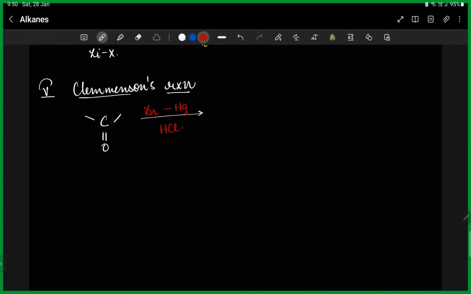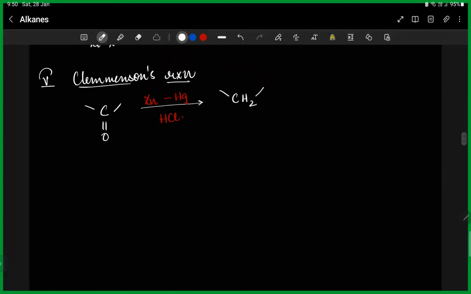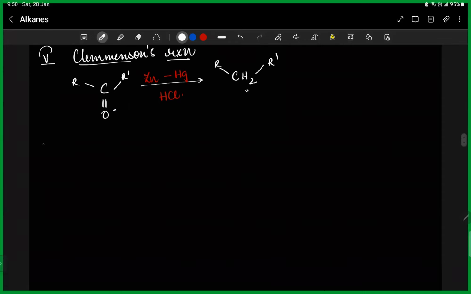So this is called Clemmensen reagent. So what would happen? Just replace the double bond O with two hydrogens. Yeah, sorry. Okay, so you have R prime. Here also you have R prime. Just replace the double bond with two hydrogens. So this is Clemmensen reaction. Again, the mechanism is not important.